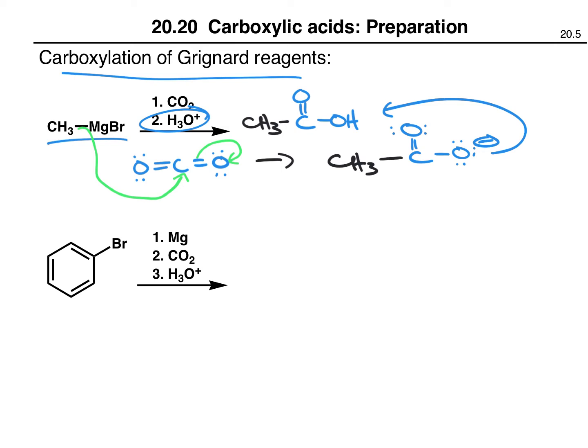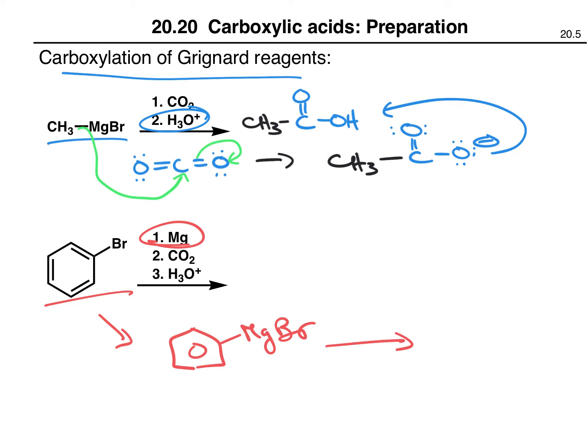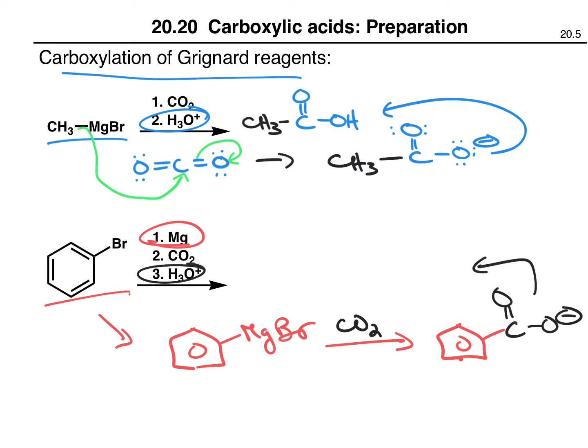Here's another example, and now we're starting with the bromide. So this has to be treated with magnesium metal, to give the magnesium bromide, and then it can be reacted with carbon dioxide to give the carboxylate, and then finally step 3 aqueous acid workup will give us benzoic acid.